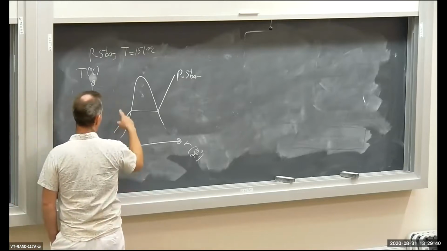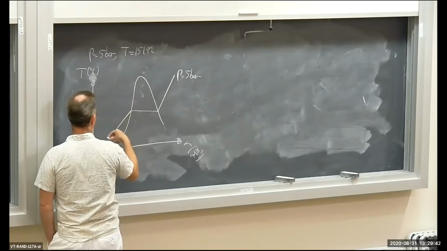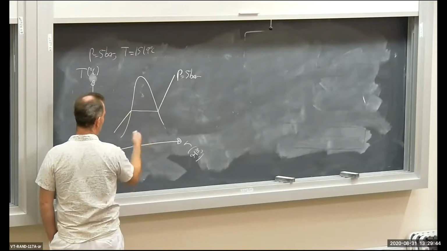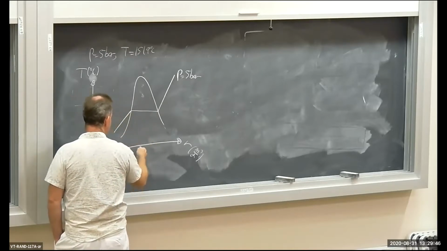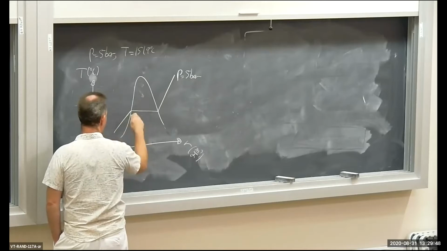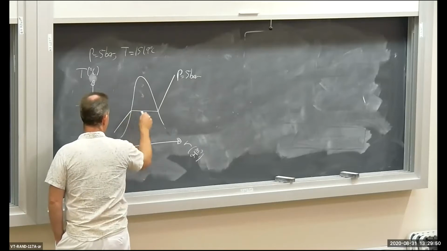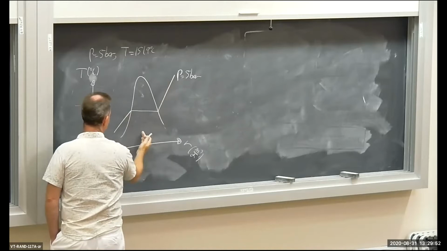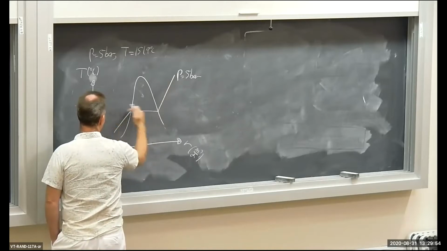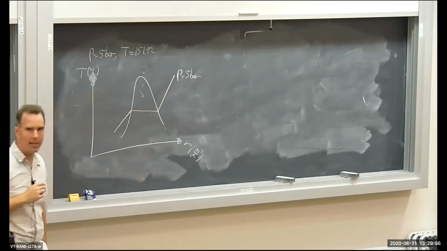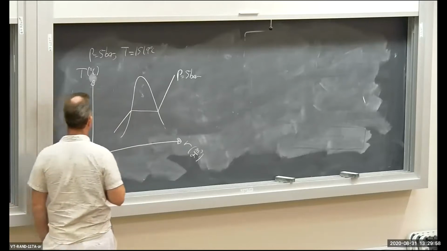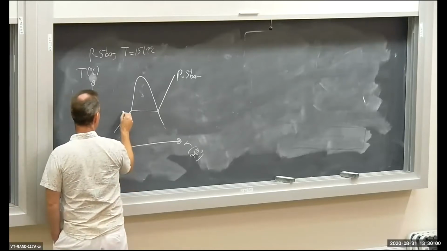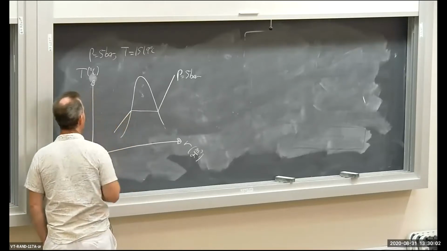Now to figure out where we are, I need temperature or I need a specific volume. I need something to lock down the horizontal or the vertical position. I know I'm on the isobar, so if I know a specific volume or a temperature, in theory, I can get the state or the phase. So the first thing I'm going to do is look up the saturation temperature.